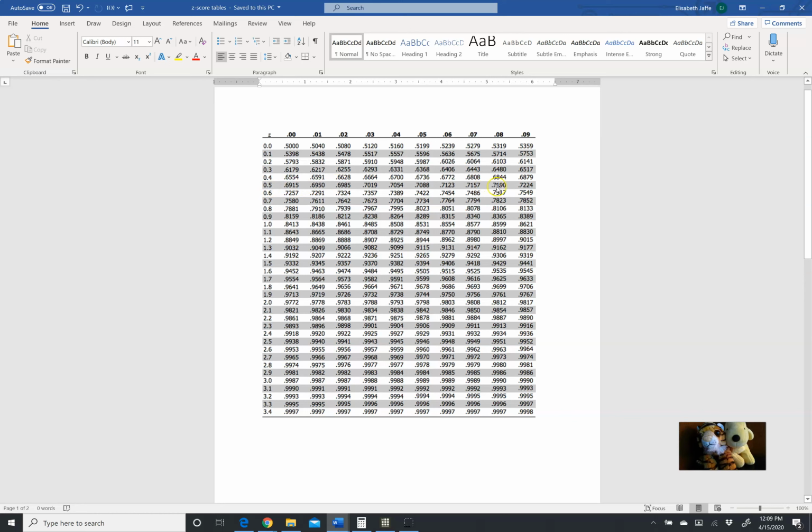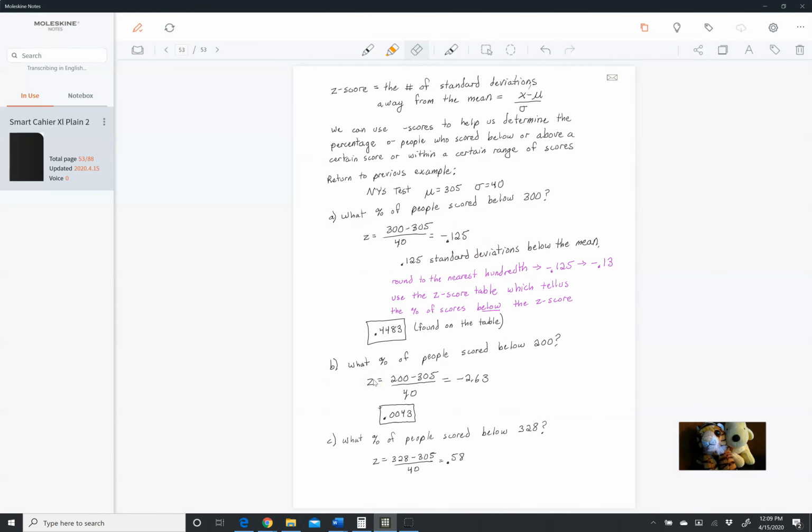Right here is 0.58. So it's 0.7190. And just to be clear, this is saying 72% score below 328.